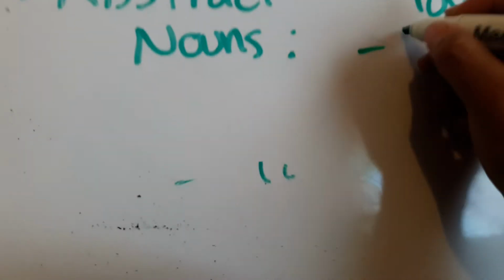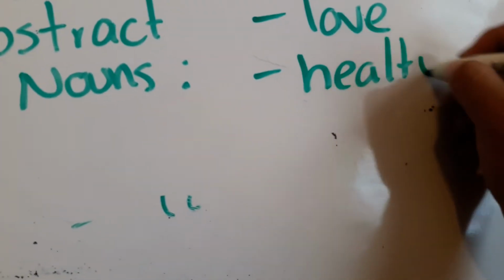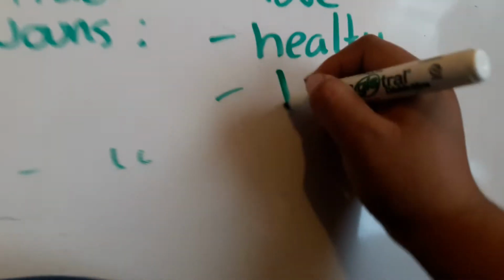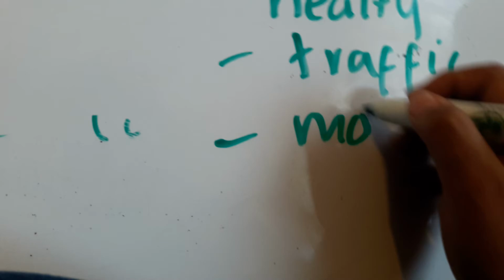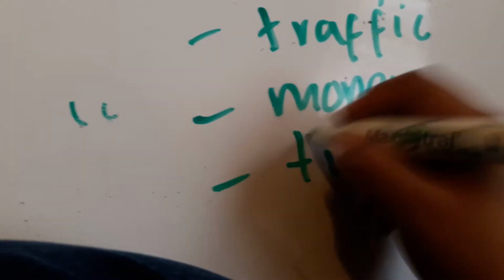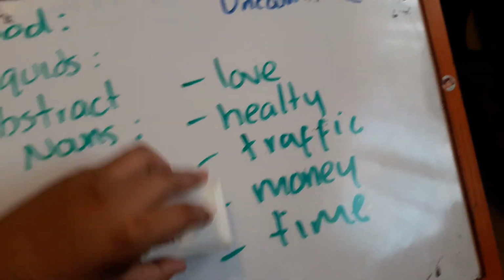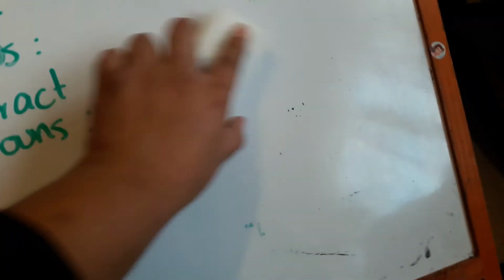Abstract nouns. So, for example, love, healthy, traffic, isn't that kind of this one? Money, and something like that. Time is an abstract noun. Okay? Those are uncountable.